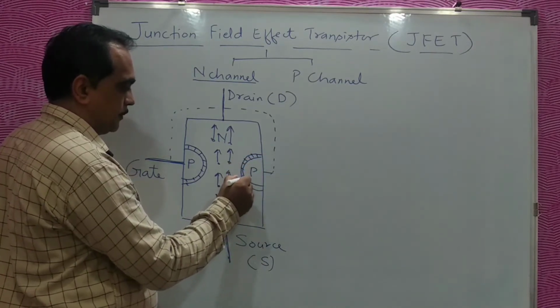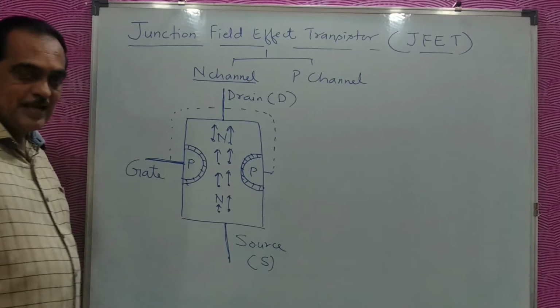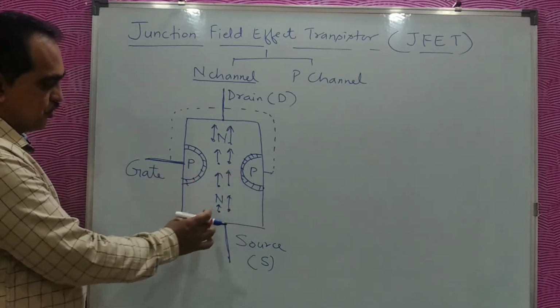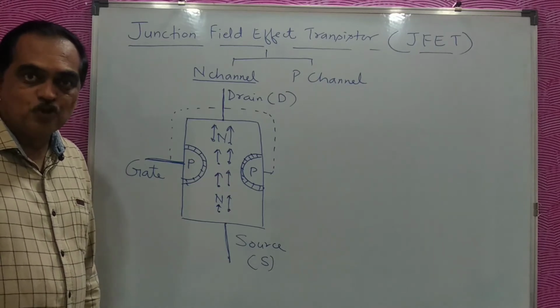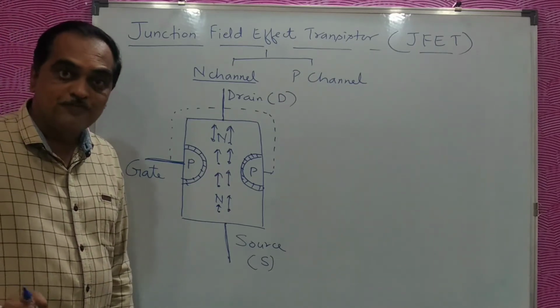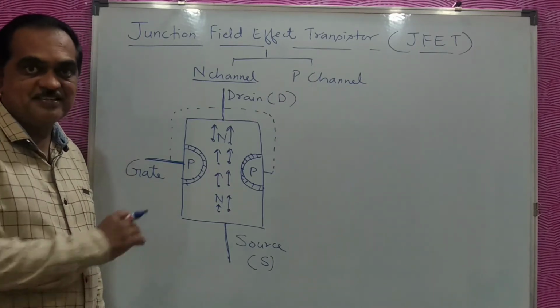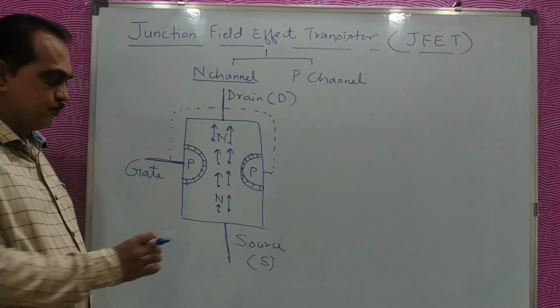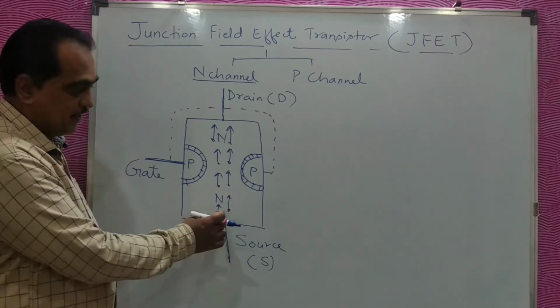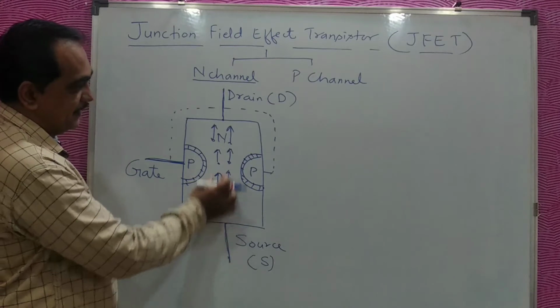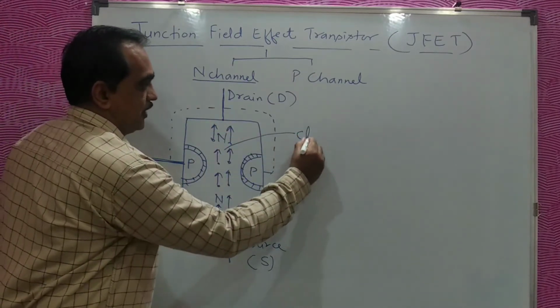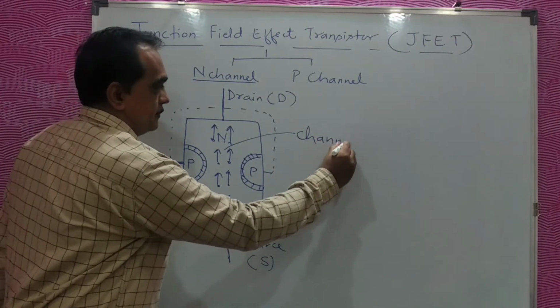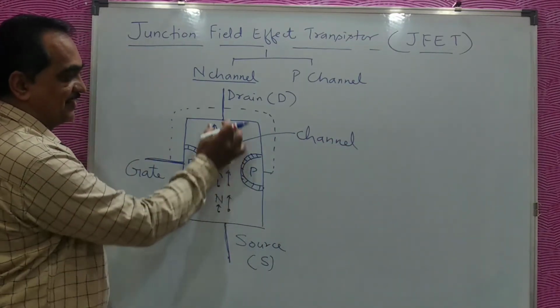And between these two PN junctions, you are having this path in which the majority charge carriers of that particular bar, in this case N-type, so electrons, will flow through this path, and this path will be called the channel.